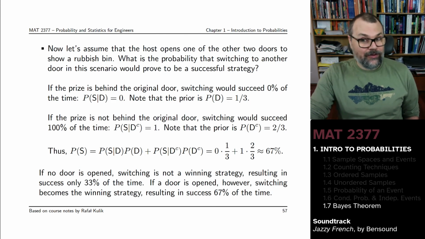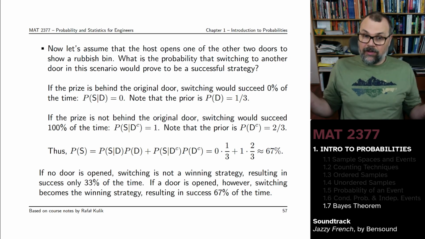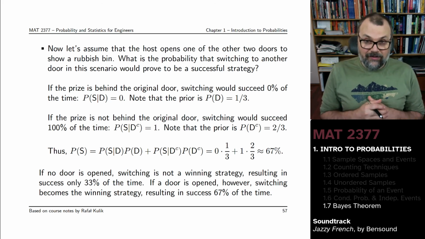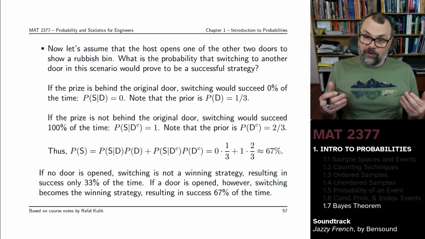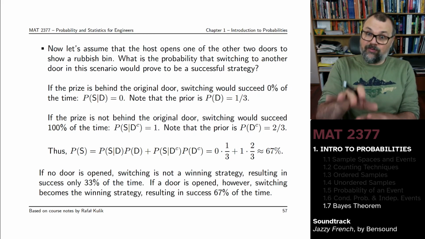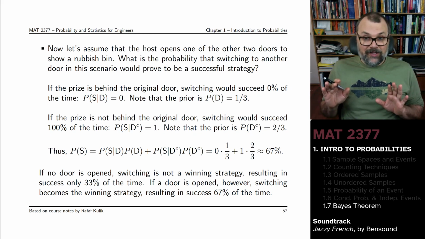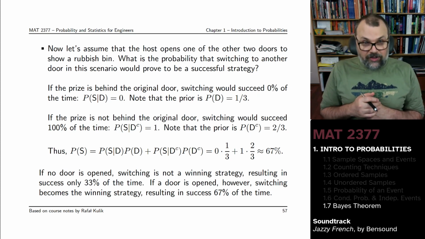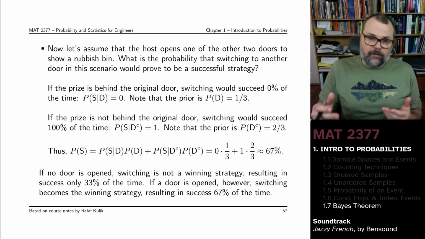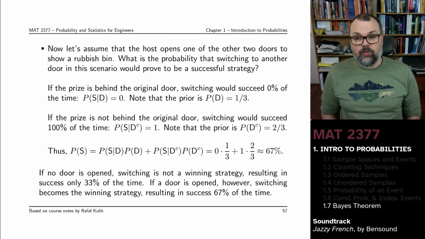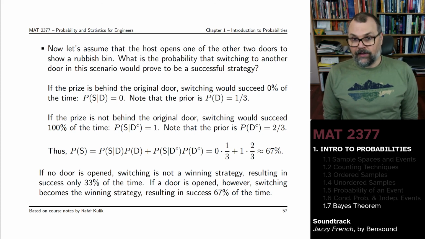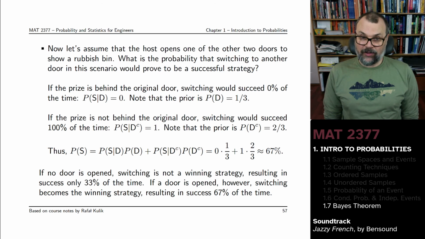The act of opening the door basically restricts your options and makes it so that originally you had a 50% chance of success if you were switching if no door was open. But now that a door is open, you've removed that door as one of your options. And switching in that specific case, where the prize is not behind the original door, would actually lead to success 100% of the time. The problem, of course, is you don't know which one of these two cases you find yourself in. And the prior is still 2/3 because there was 67% chance that the prize would not have been behind the door you had selected originally.